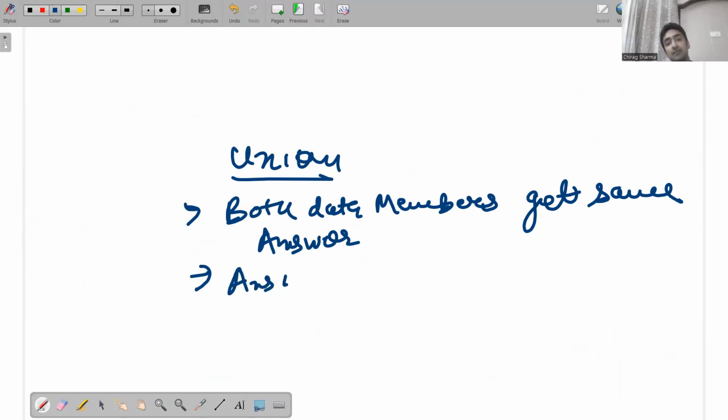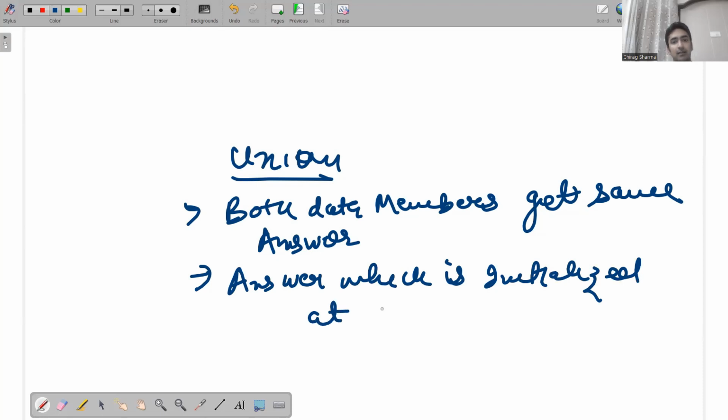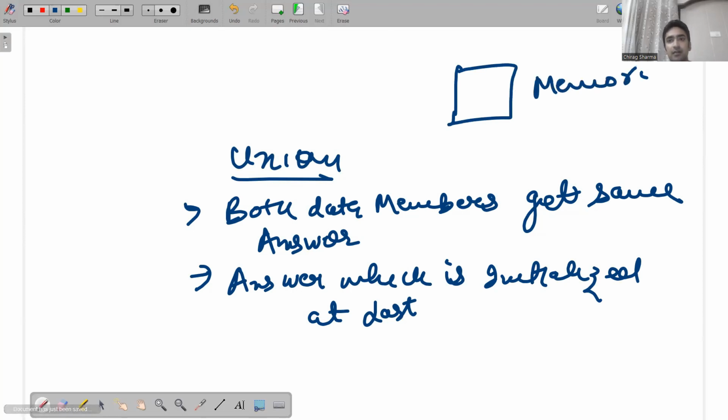The answer which is initialized last is the same answer for both data members. The memory is shared by A as well as C.